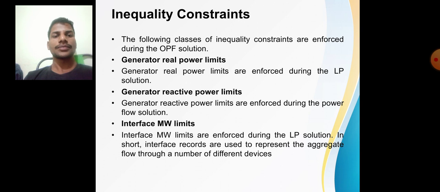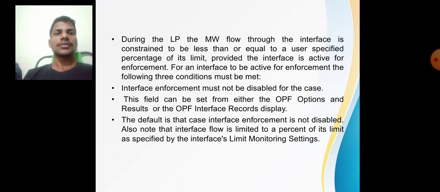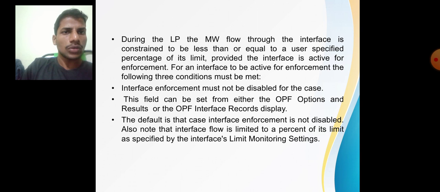In short, interface records are used to represent the aggregate flow of megawatts through a number of different devices. During the LP, the megawatts flowing through the interface are constrained to be less than or equal to the user specified percentage of its limit, provided the interface is active for enforcement.